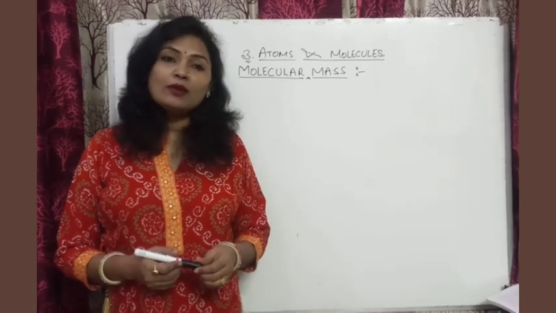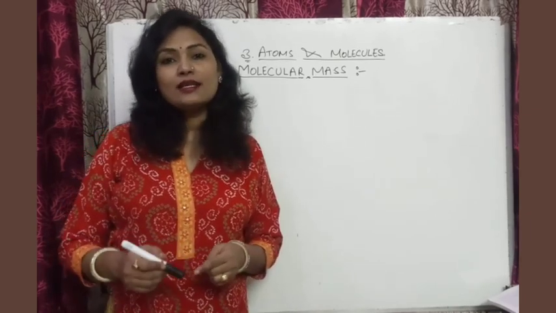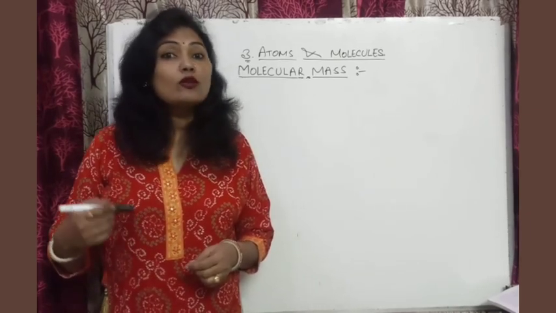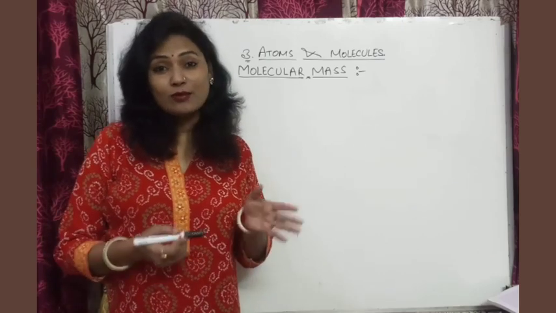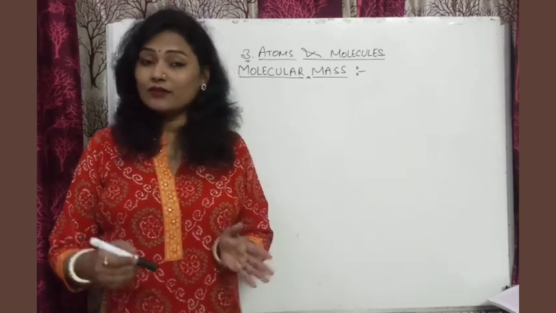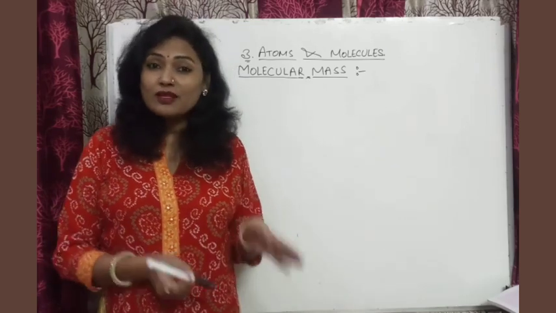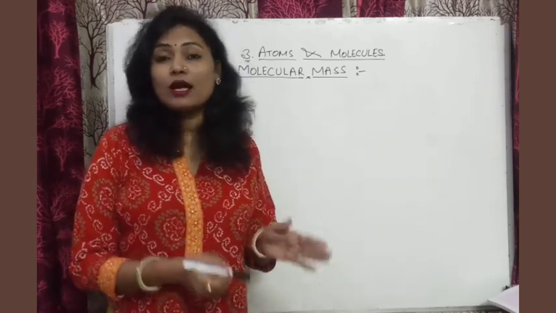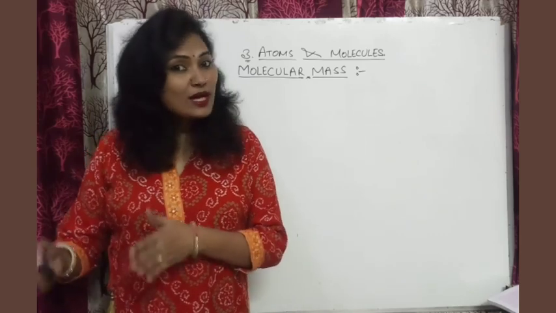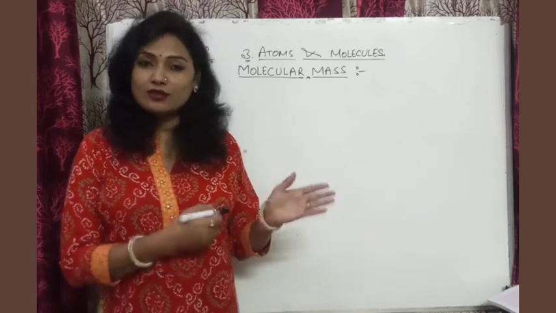So we can calculate the molecular mass easily with the help of the molecular formula. We should be aware of the molecular formula; we will discuss later on how the molecular formula is formed. But if somebody is given the molecular formula, then you can find out the molecular mass easily. So we will discuss that today.